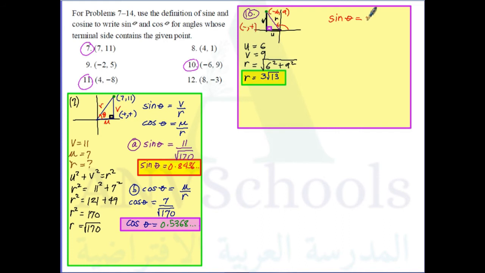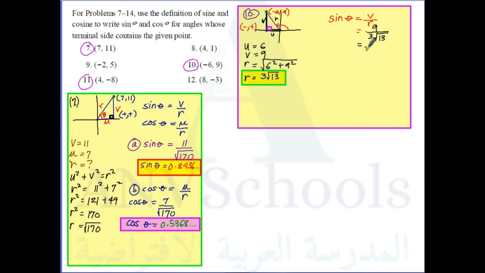So that would be positive v over r. So that's 9 over 3 square root of 13. So our sine theta is 9 divided by 3 square root of 13.